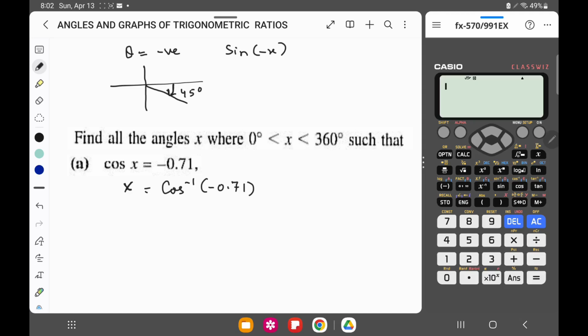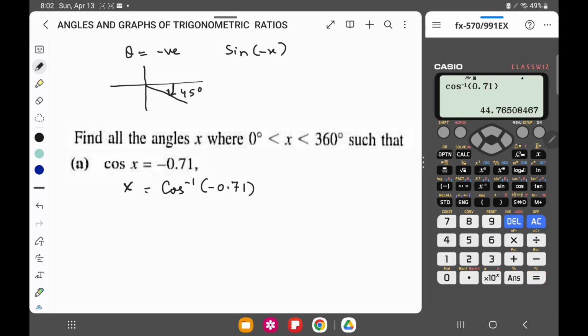Just find out the basic angle, that will be the answer. Shift, cos inverse, then 0 point. Then I'll explain how 135 comes, because you have to find the other angle also. So just forget minus and plus and find the basic angle first, then find the others as well.